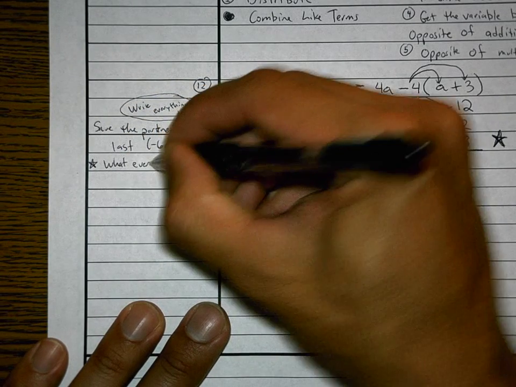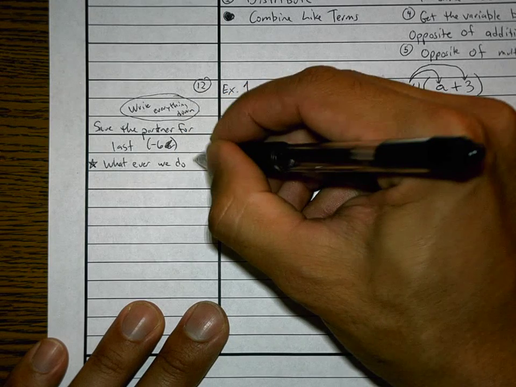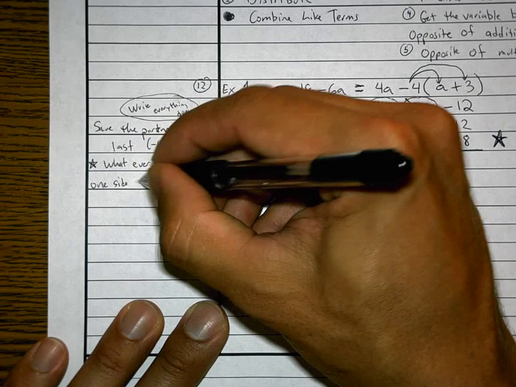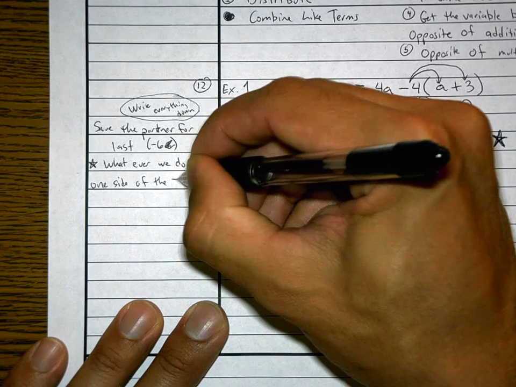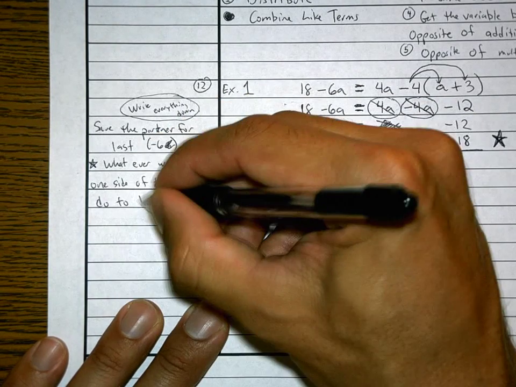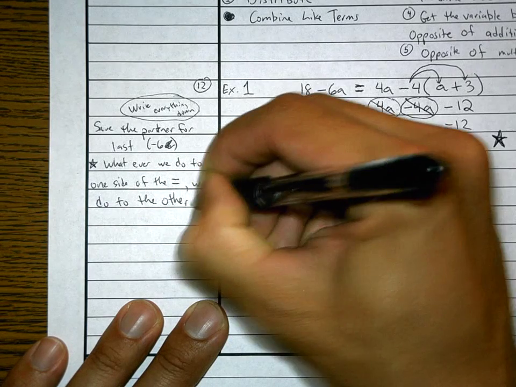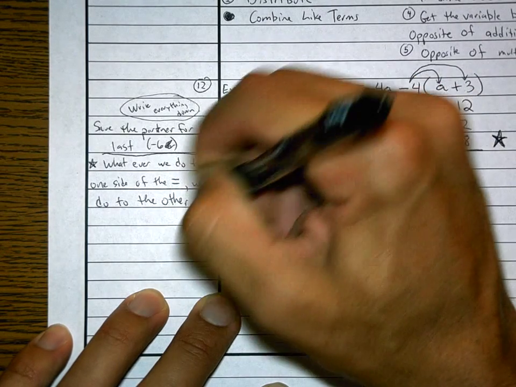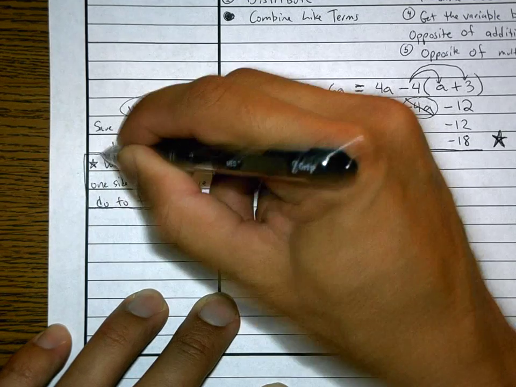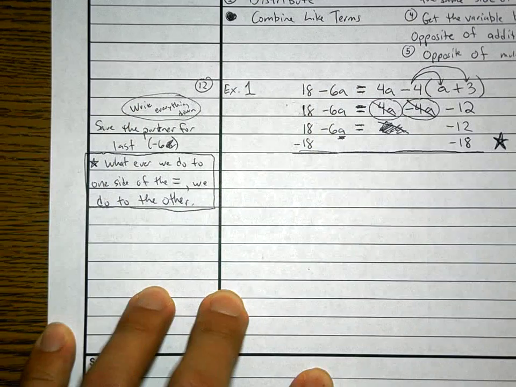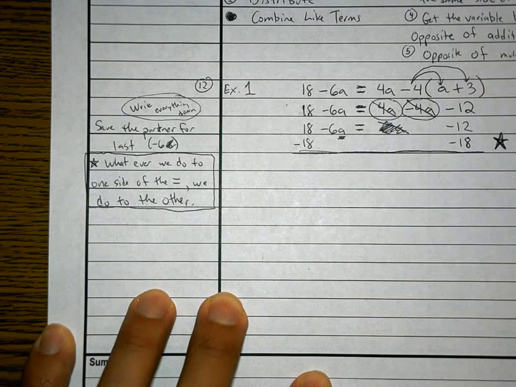Whatever we do to one side of the equal sign, we do to the other. That is the fundamental number one rule of algebra.